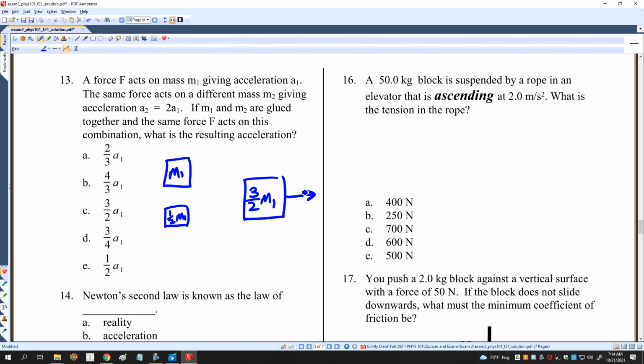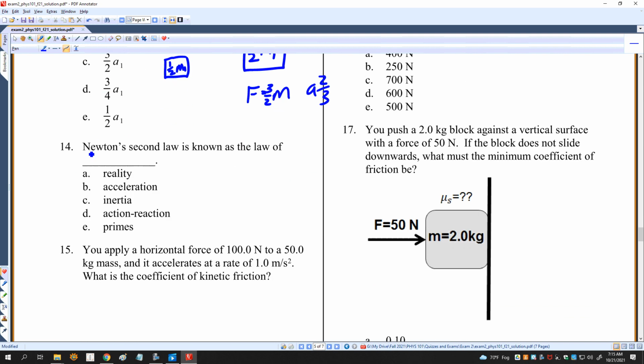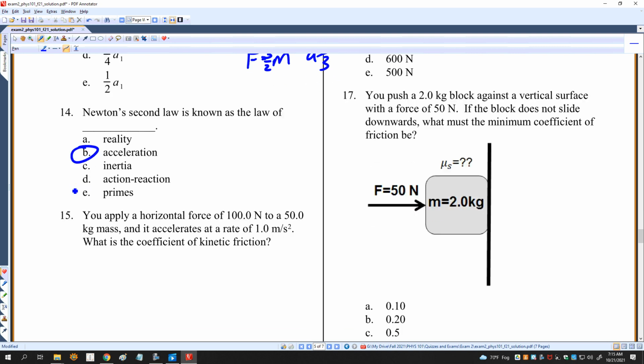Then if I apply that same force to it, since F equals m times a, if I have 3/2 of my original mass, I'm going to have 2/3 of my original acceleration. Okay? Again, that was from a concept test, so we can look back at that concept test too to see a deeper explanation. Newton's second law is known as the law of acceleration.